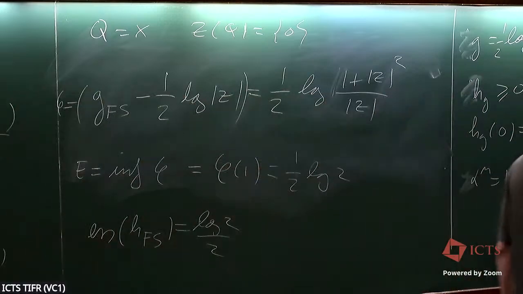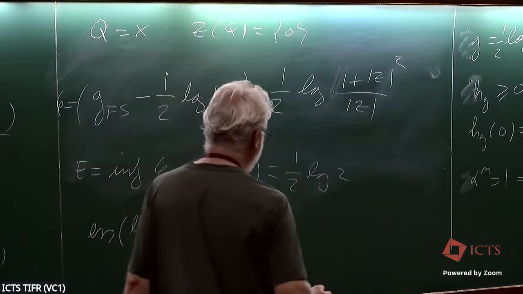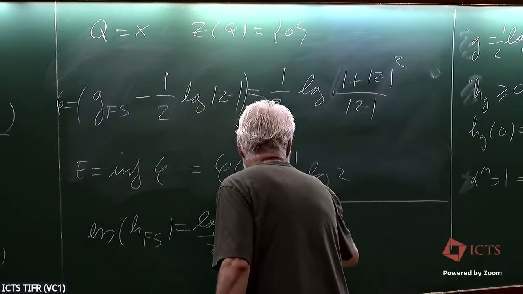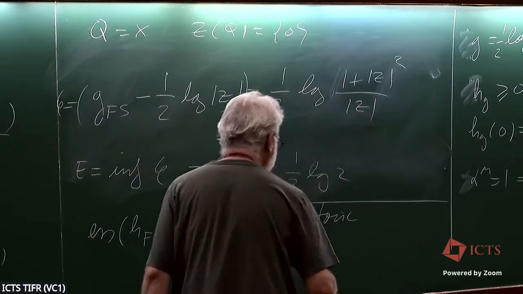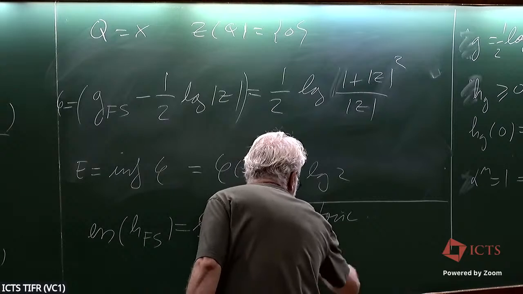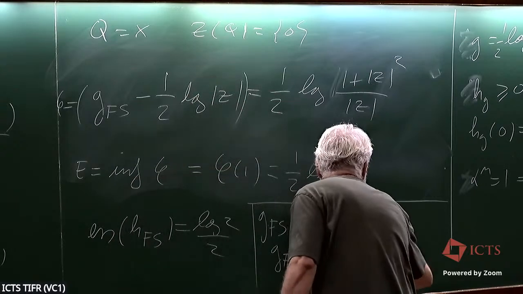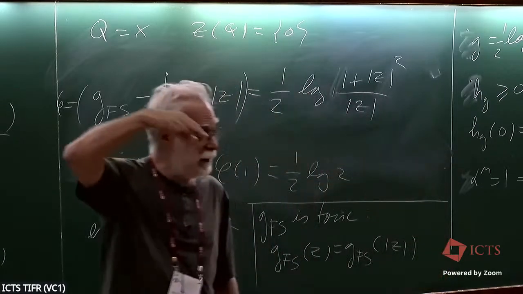Okay, so there is no wonder, because this Fubini-Study height satisfies that it is rotationally symmetric, which means that g Fubini-Study of any value is exactly equal to g Fubini-Study of the absolute value. So it has this rotational symmetry.